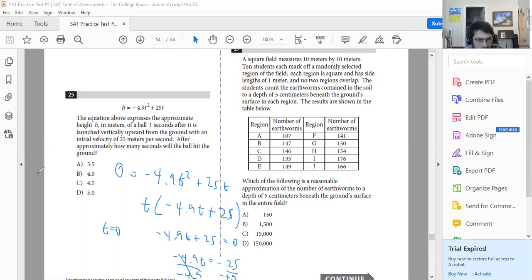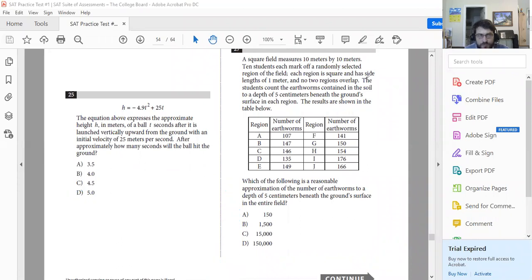Bring out our calculator again. We have 25 divided by 4.9 should be about 5.1. So t equals 5.1 is about 5. Let's clear that out.